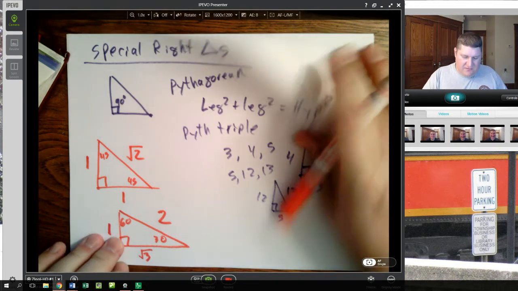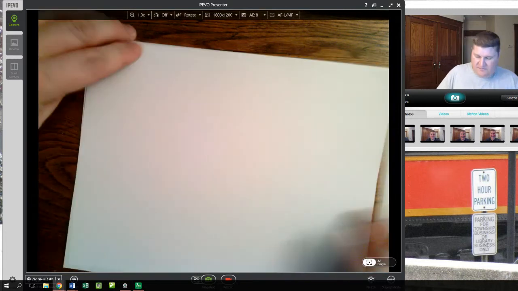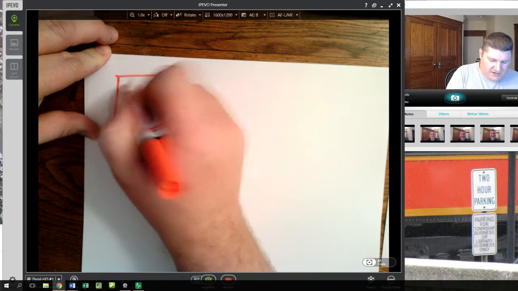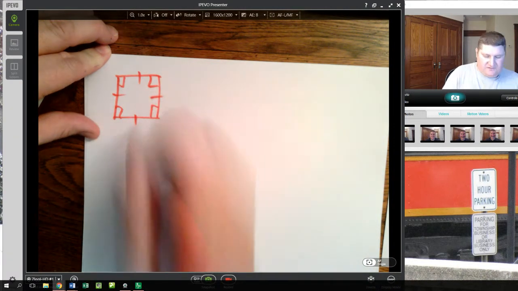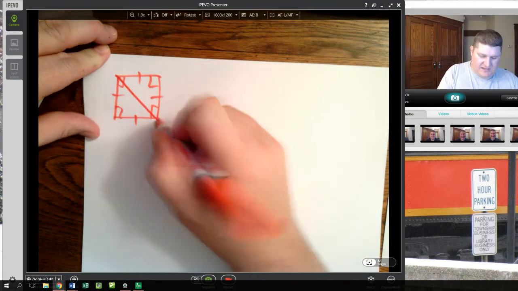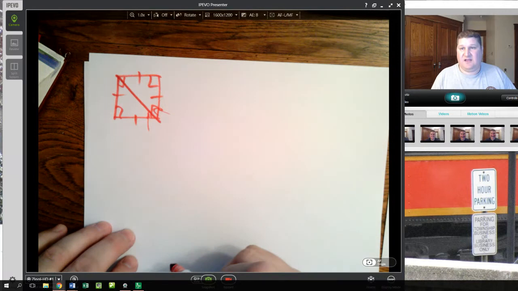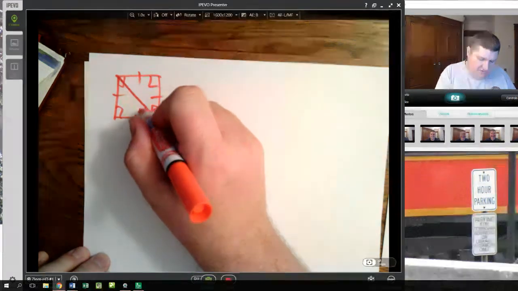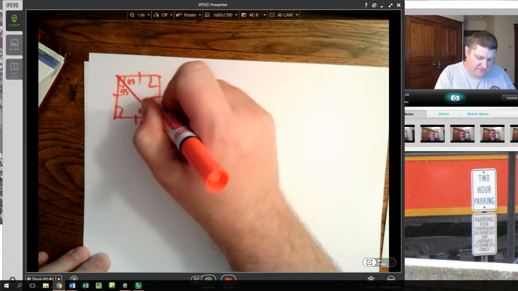Now, if I were to take a square, everybody can agree that a square has 4 right angles, 1, 2, 3, 4, and that all sides are the same. Now, here's the deal. If I draw a diagonal in here, what did I just do to this angle and this angle? The answer, of course, is I bisected it, meaning this is 45, and this is 45, and this is 45, and this is 45.